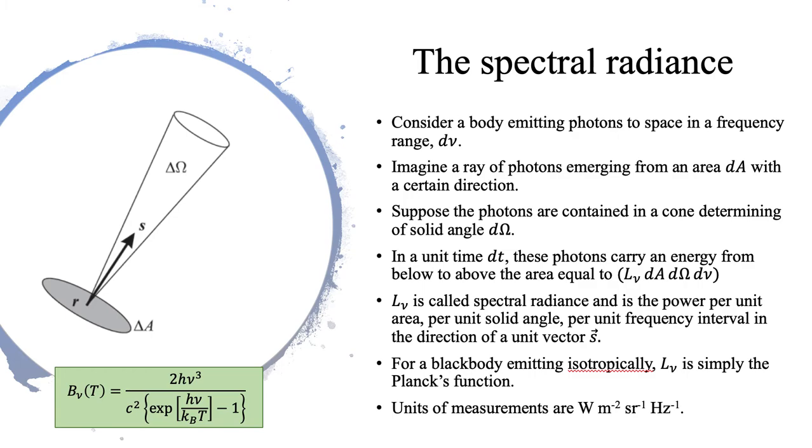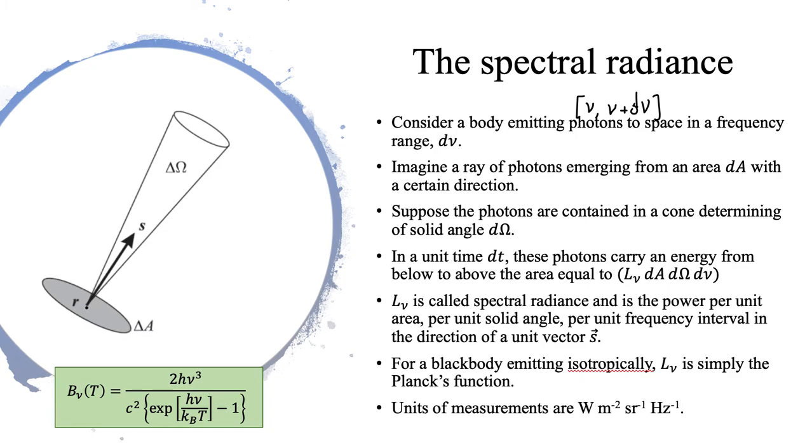let's start talking about one of the main characters for today, and that is the spectral radiance. Suppose you have some body, a black body or a gray body, whatever. This body is emitting photons in space. Photons have some frequency, and let's say that the frequency is within a range between nu and nu plus d nu. Imagine a ray of photons coming out of this body, out of an infinitesimal area dA.